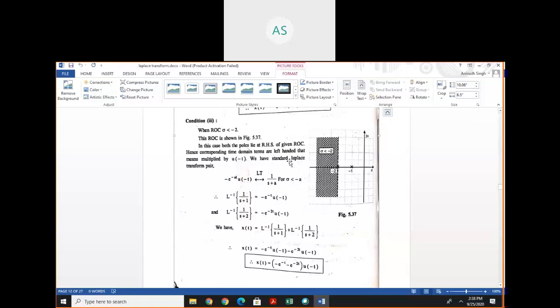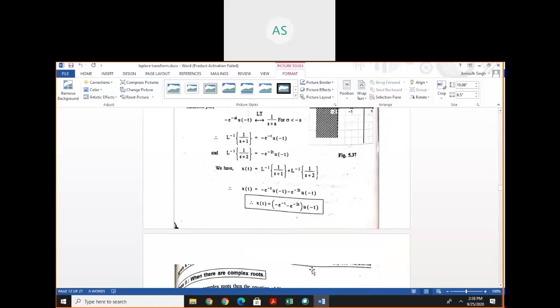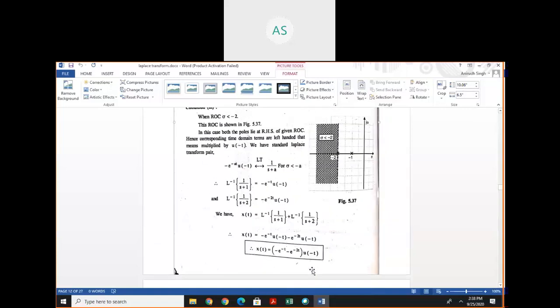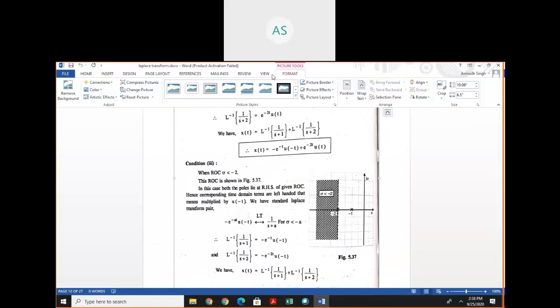Similarly, the inverse Laplace transform of 1 by s plus 2 is given by exponential minus 2t u(t). We use this Laplace transform because this pole is to the left hand side of ROC. In this case, one signal is multiplied by u of minus t and the second signal is multiplied by u of t.